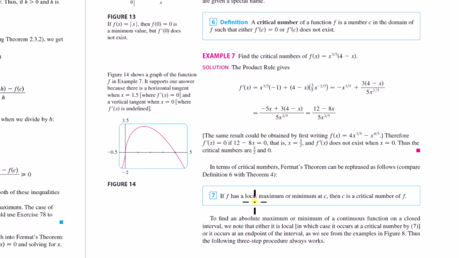If f has a local maximum or minimum at c, then c is a critical number of f. This is what they've explained to us so far. There's no way to have a local maximum or minimum where the derivative exists and it's not a horizontal tangent.